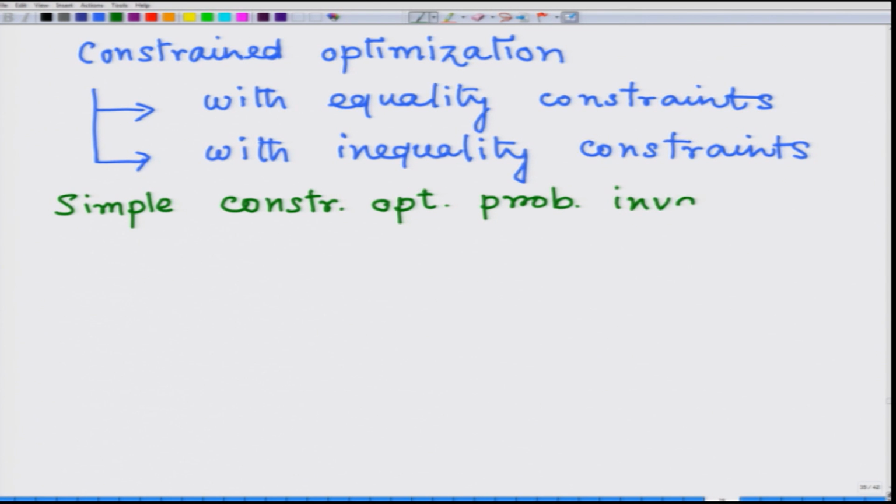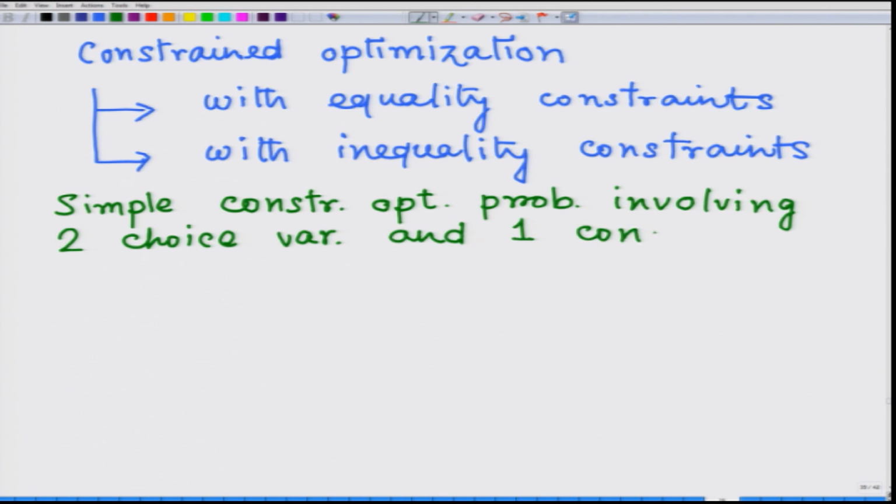involving two choice variables and one constraint. Needless to say that we can easily generalize this, but let us start with a simple problem to see what is the matter.